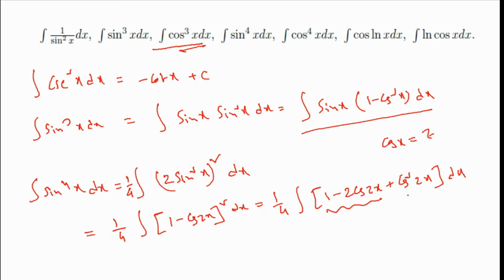This part is easily integrable, and for this part you can again write cos square 2x as half into 2 cos square 2x, and you can again write it as half into 1 plus cos 4x. You can easily integrate that part. In a similar way, you can also find integration cos power 4x dx.